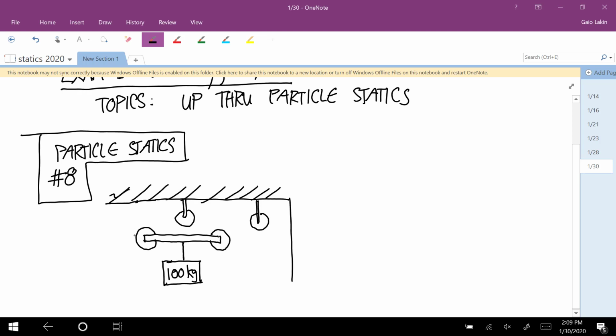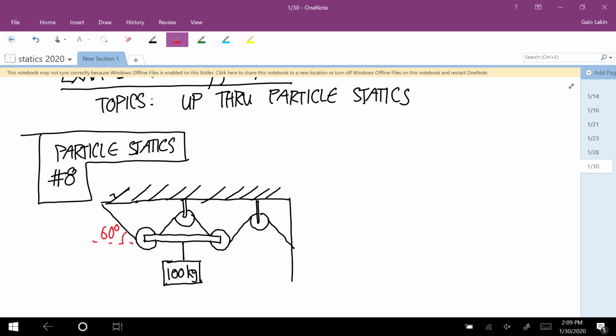And a cable connects to these pulleys like this. And all of those cables make angles of 60 degrees with the horizontal. So for each one of these, this angle is 60 degrees.